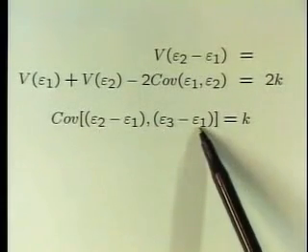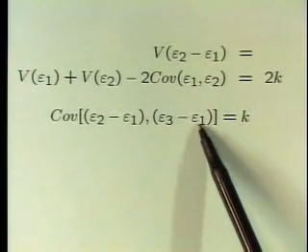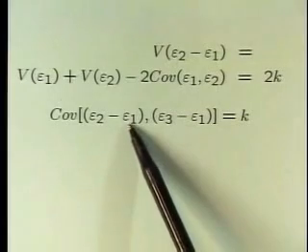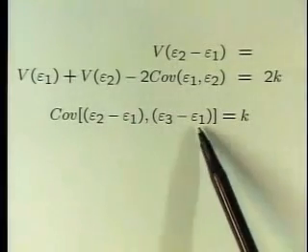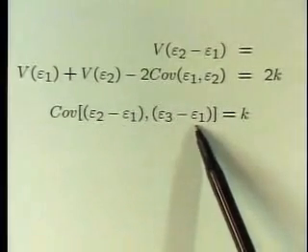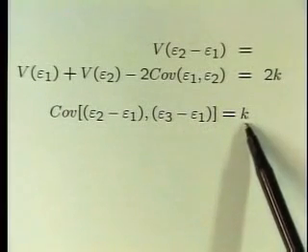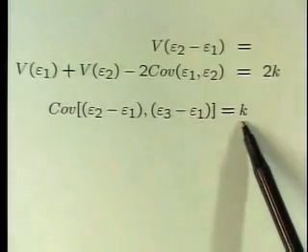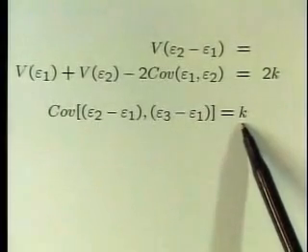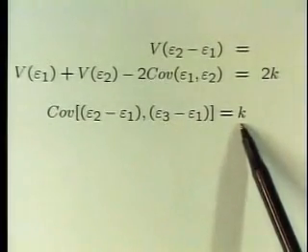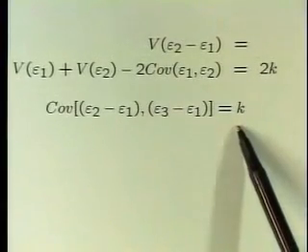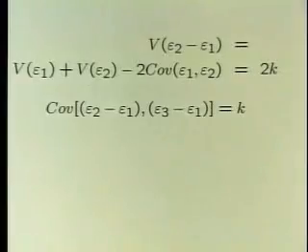All of those are covariances which are 0 in their original errors. The only element that enters non-zero is the error for the first alternative times itself, which has a variance of k. So the covariance of these two error differences is simply k. What this tells us, this is true for all the alternatives in all the error differences. The variances are all 2k, and the covariances are all k. So the covariance matrix for error differences looks like this.